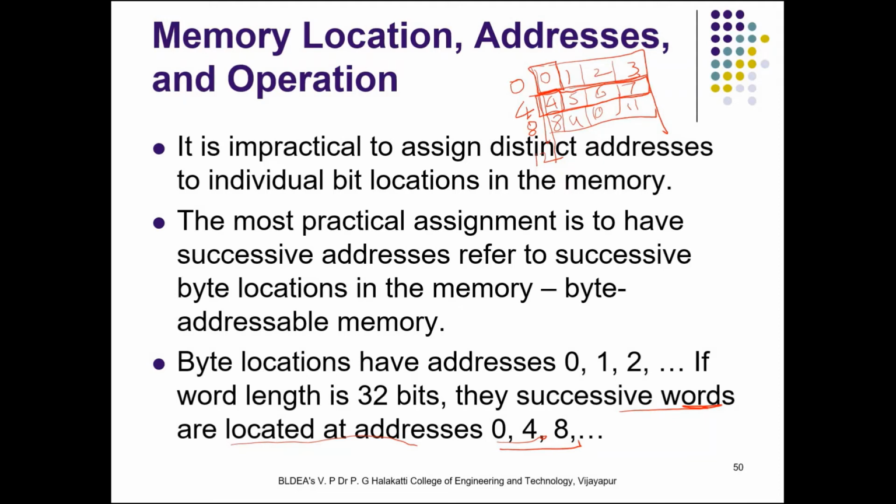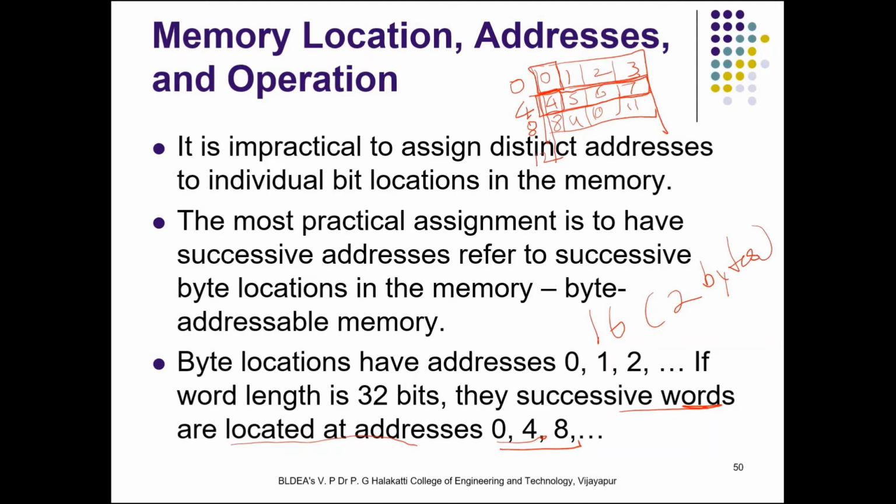We know that the number of bytes in a word is a power of 2. In general, words are said to be aligned in memory if they begin at a byte address that is a multiple of the number of bytes in a word. For example, if the word length is 16 bits, it contains 2 bytes.